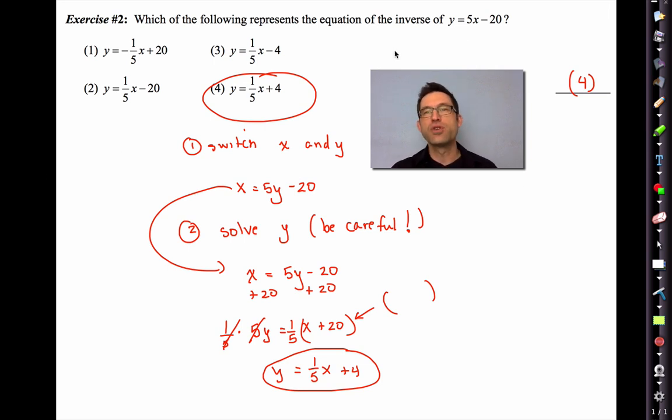So in other words, the original function had us subtracting 20 and multiplying by 5. In order to solve for y, we had to add 20 and divide by 5. And therefore, we get a function that has all the inverse operations, but in the opposite order, which is what you need. All right, pause the video now and write down anything you need to.